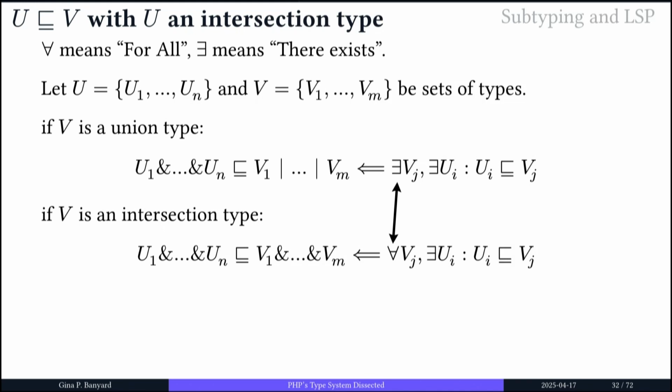But if V is an intersection type, then we need that for at least one of the UIs, one of the subtypes, it implements every single V, and that every V has at least one corresponding UI, so that you don't miss part of the intersection. So you don't decide, oh, I have something that is outside of my narrow scope.